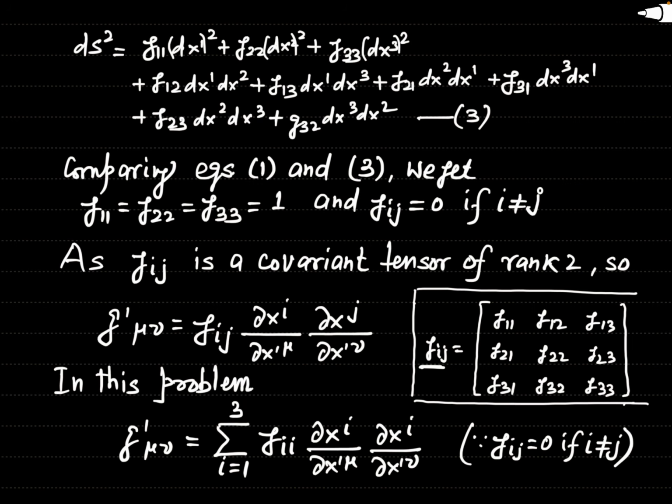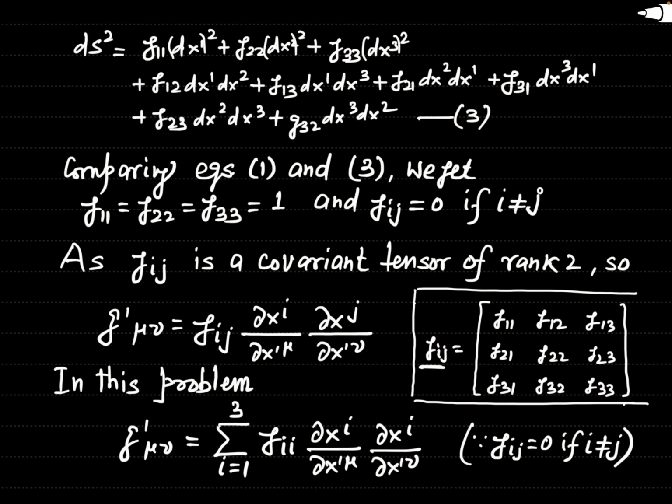You have seen this in the early lecture on tensor analysis. So the components of this metric tensor gij in matrix form are g11, g12, g13, g21, g22, g23, g31, g32, g33. These are the 9 components of this metric tensor.